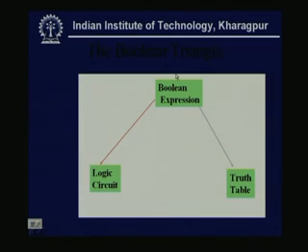A logic circuit means a circuit consisting of a number of logic gates of the types we have just read: OR, AND, NOT, NAND, etc. Now, if the Boolean expression is given, I can draw a truth table. What is a truth table? A truth table is the description of inputs and outputs with respect to zeros and ones only, to describe its overall behavior.